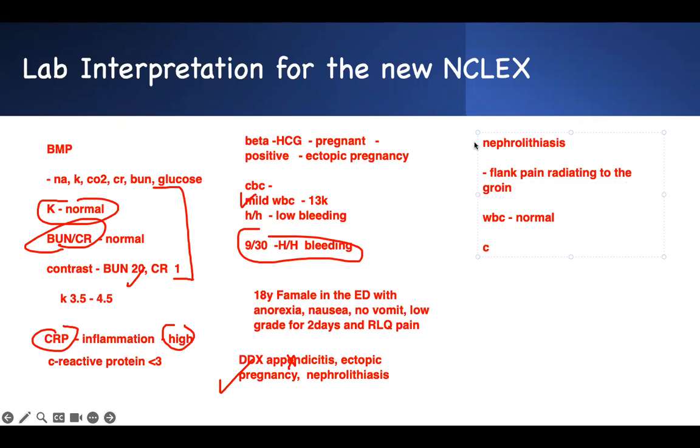Okay. When you get the CBC, the H&H, they don't bleed that much. The bleeding is not actual bleeding. It's just the kidney, small blood in your urine, but it's not actual bleeding. This is going to be normal. When you do a UA, you should see gross hematuria. So there's a lot of blood in it.